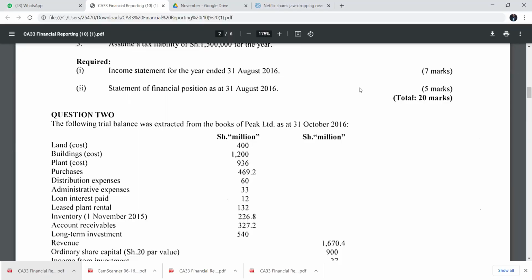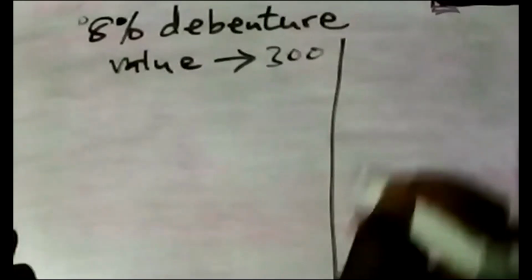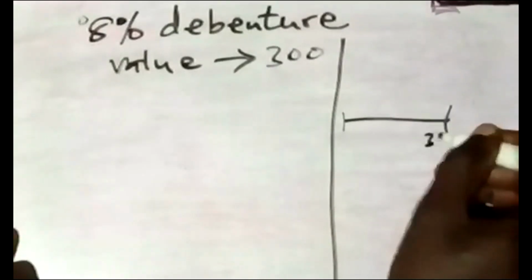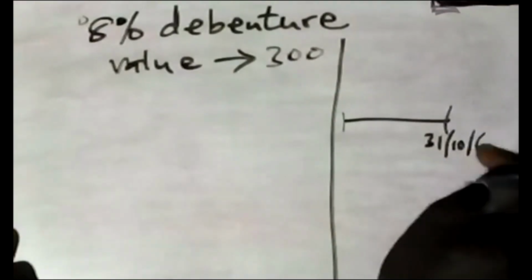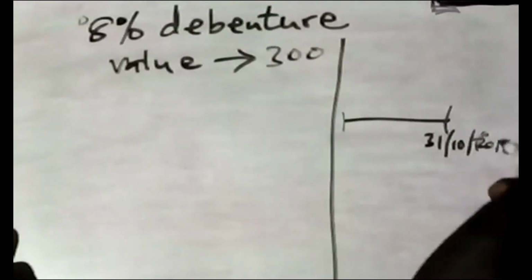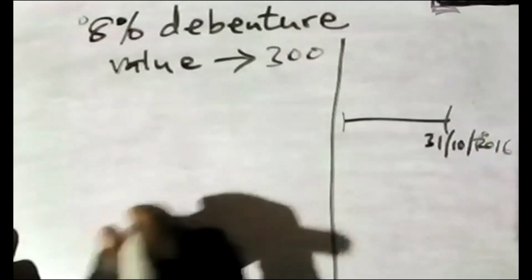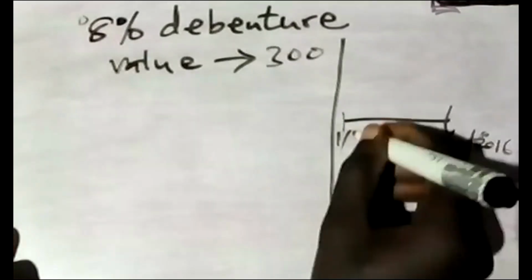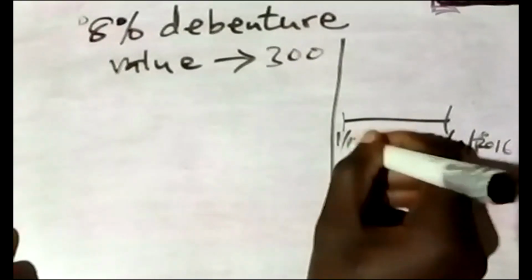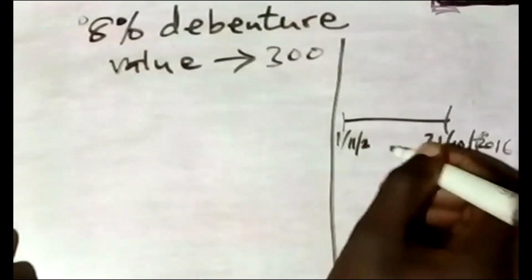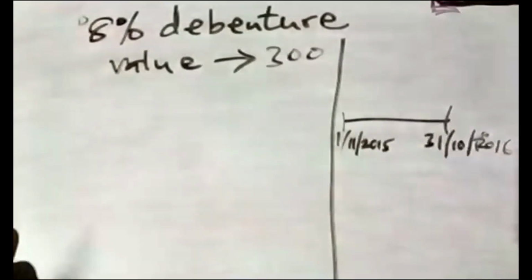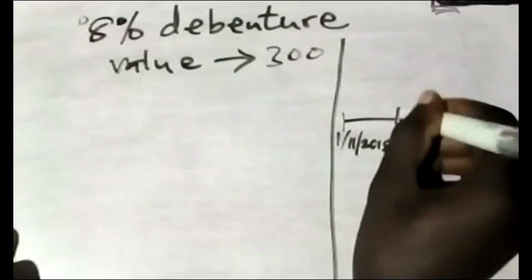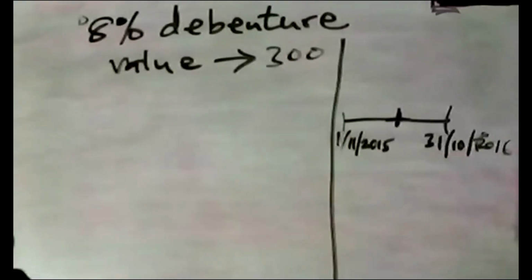Our financial year ends on October 2016, which means that our financial year starts on 1st November 2015. And the interest is payable 6 months in arrears.